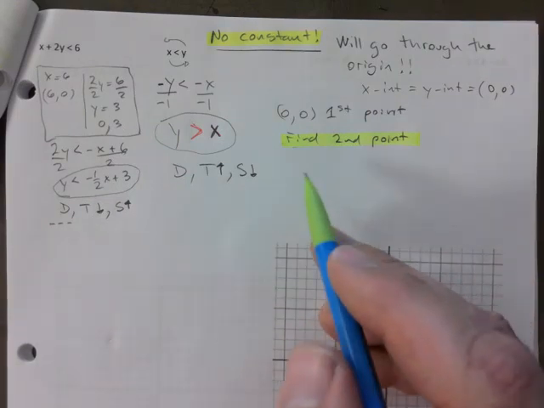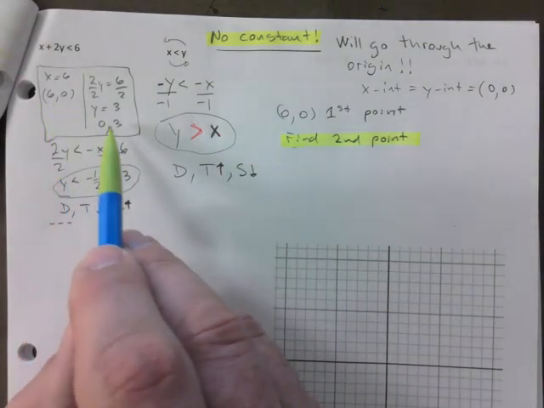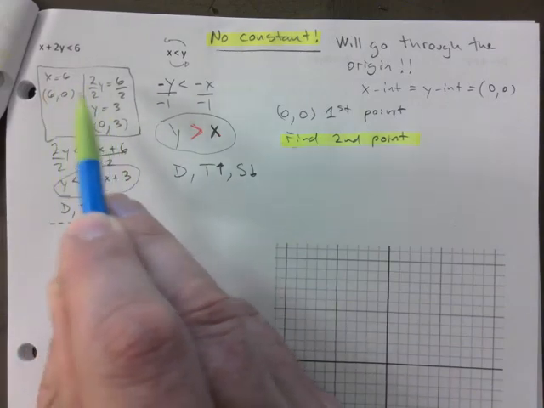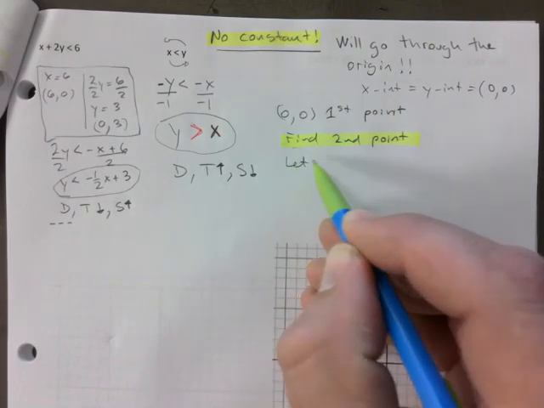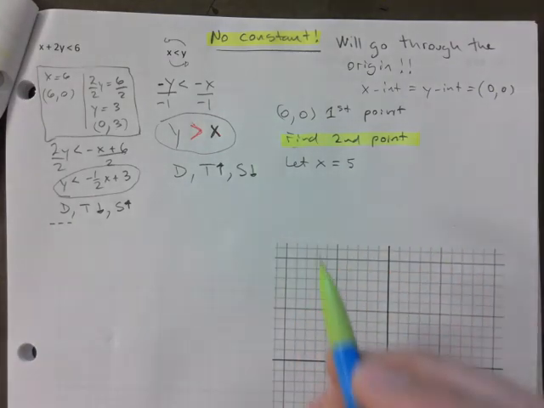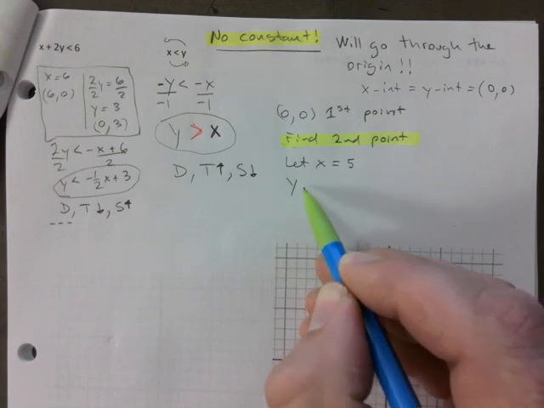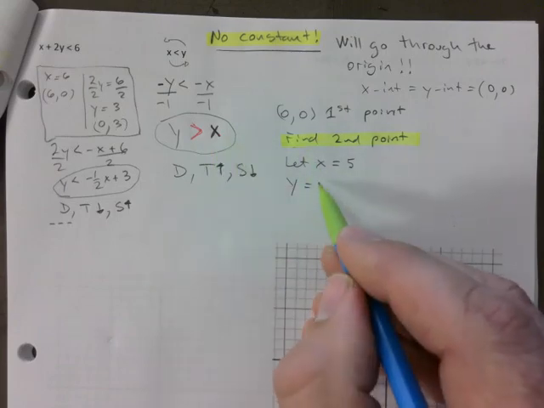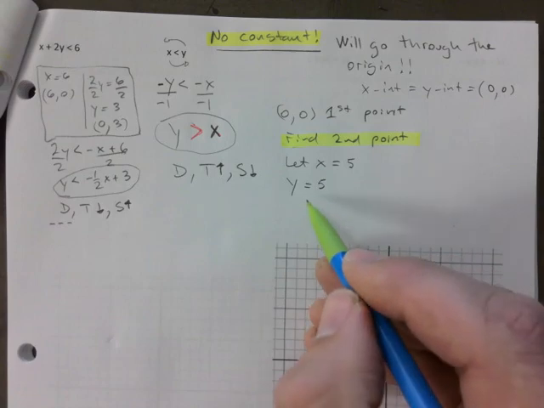And I base this on what's already happening. Look at this. The values for my other line, they're small values. Okay, they're like 6 and 3. So I will let x be equal to 5, let's say. So if you put 5 in there, what is the point that you just found?